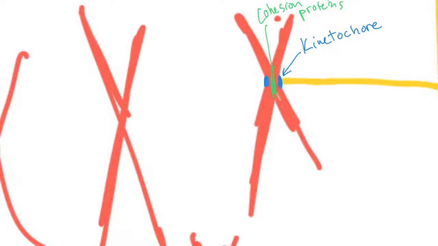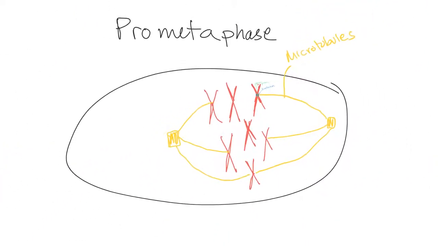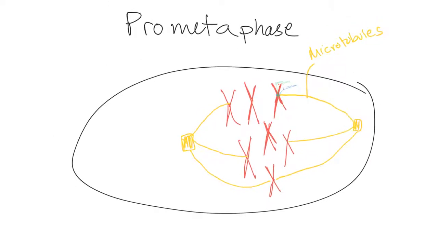Okay, so those are the structures of the chromosome, which we learned last time. Now they are attaching to the microtubules of our centrosome.